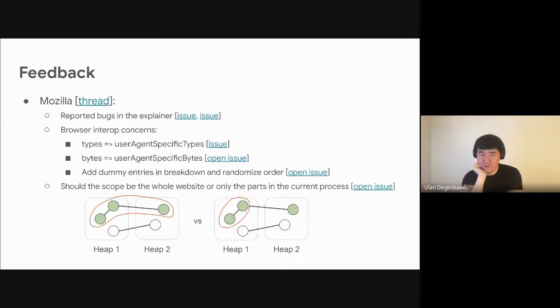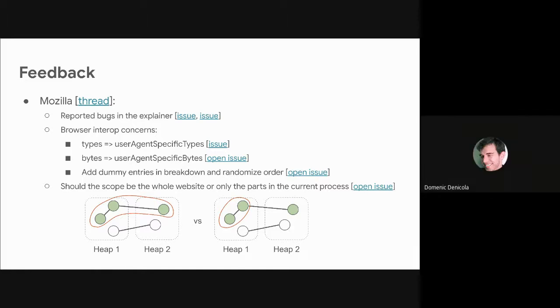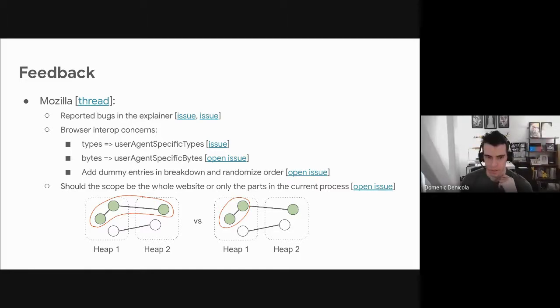So what do folks think about the scope, or is there any opinion? I found your arguments on the issue, if you click through, pretty compelling, in terms of web developer friendliness and predictability.